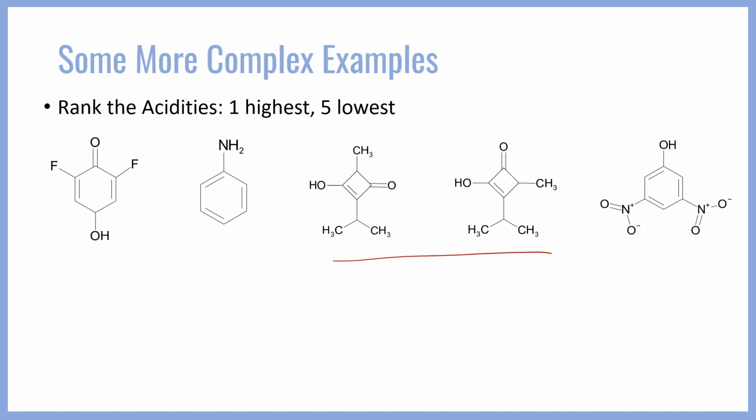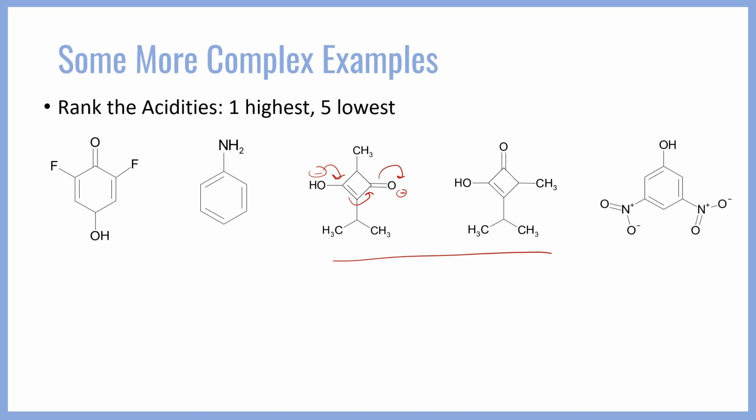We see, however, that the first molecule is not the same as the second molecule. If the first molecule here on the left were to become an anion, it could in fact delocalize. The double bond could push as follows, and we could get the negative charge onto that oxygen. So this negative charge will be shared by 2 oxygens, and so it will be nicely stable.